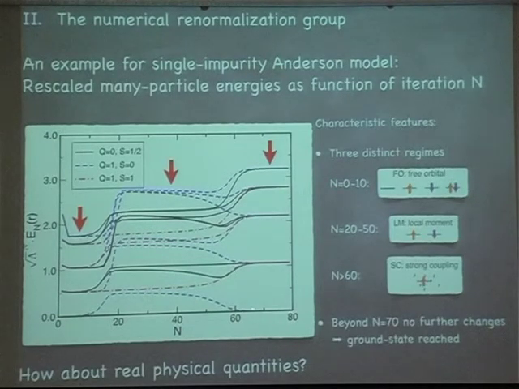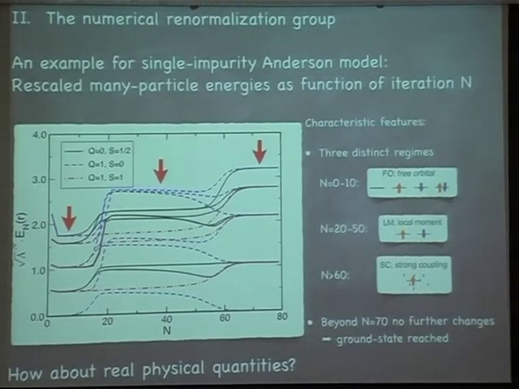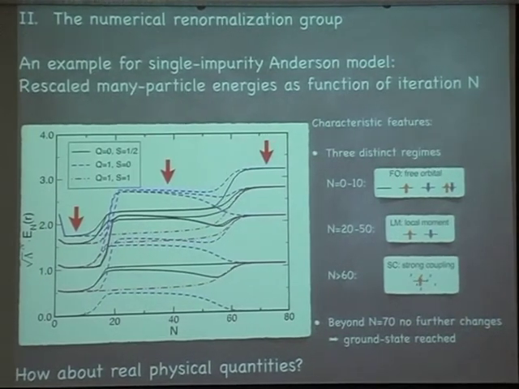And beyond that, nothing happens, so you're in the ground state. So that's an energy calculation. That's something you can do quite easily, and you can read off physics from that, knowing the structure of the fixed point Hamiltonian. So that tells you free orbital crosses over to local moment, and eventually goes into the strong coupling fixed point where the impurity spin is screened.